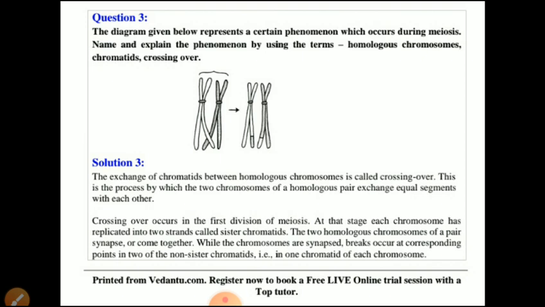Answers: Crossing over means the exchange of chromatids between homologous chromosomes. This is the process by which the two chromosomes of a homologous pair exchange equal segments with each other.